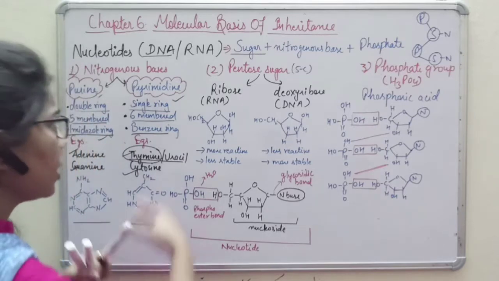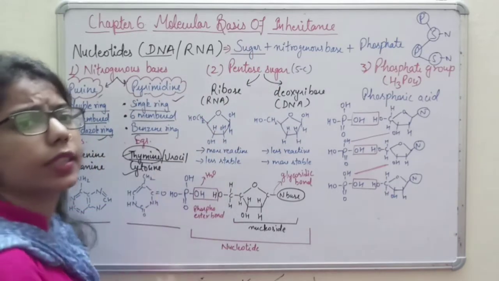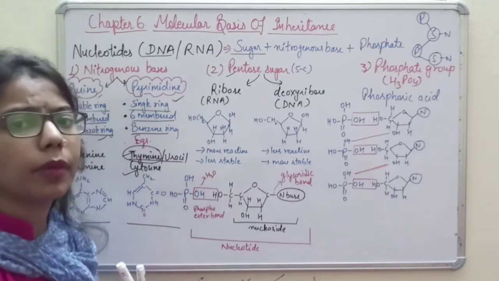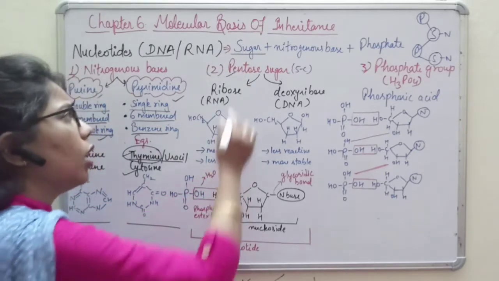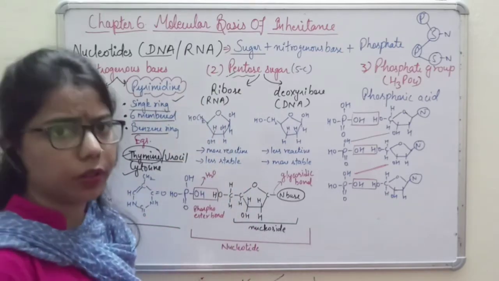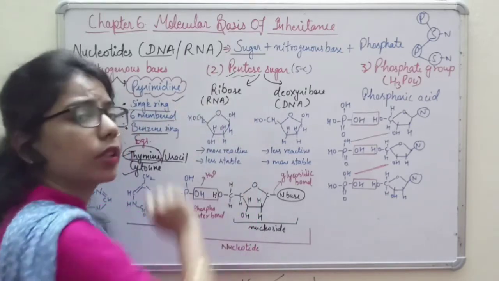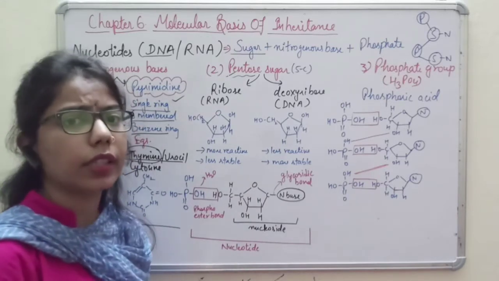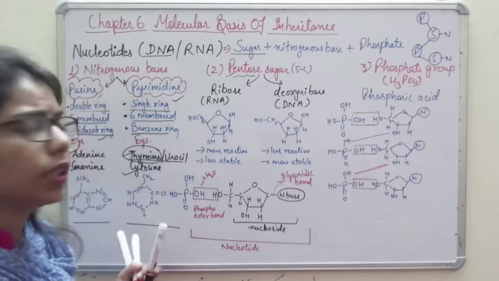Okay. Now the another component of this nucleotide is the pentose sugar. दूसरा component हमारे पास क्या है? Pentose sugar. Now what is this pentose sugar? If you will recall the chapter of biomolecules, what we have done in biomolecules, we are having sugar, and sugars are the saccharides. Sugar क्या होती है? Saccharides.